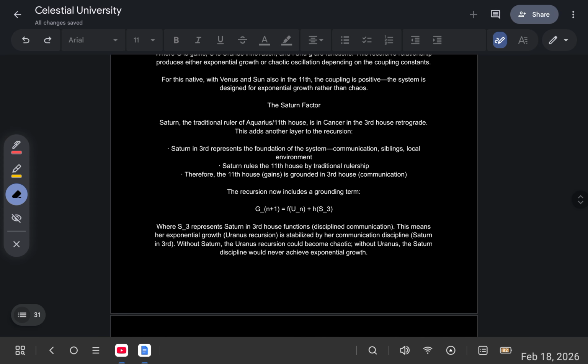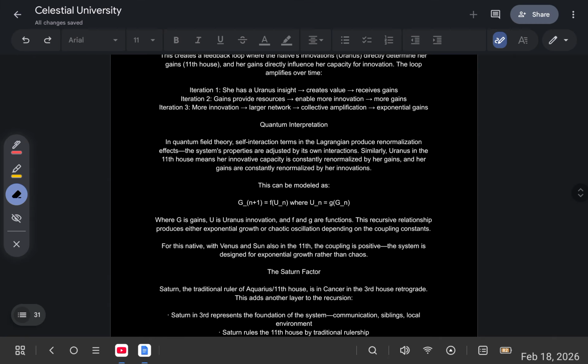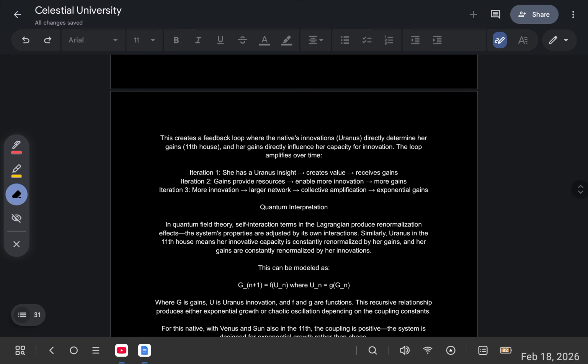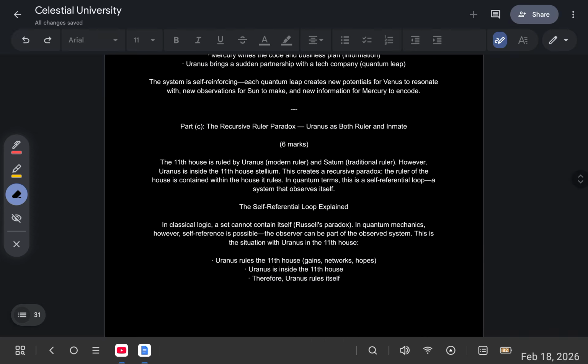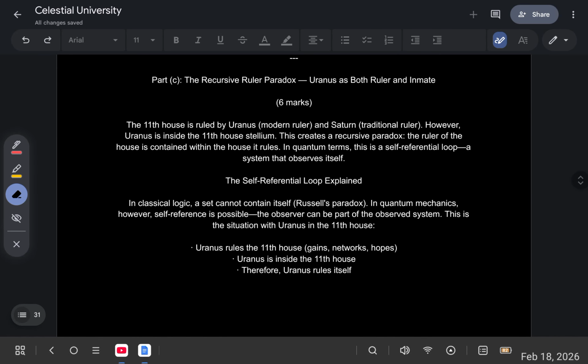I kind of went through some of this, but I was just making some astrology equations for part C, because we're talking about Uranus and Saturn here.